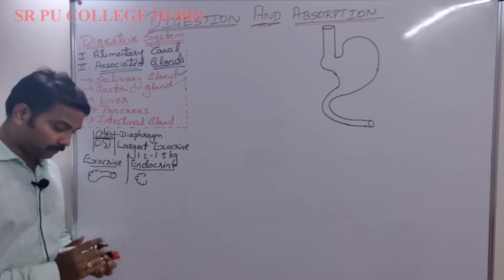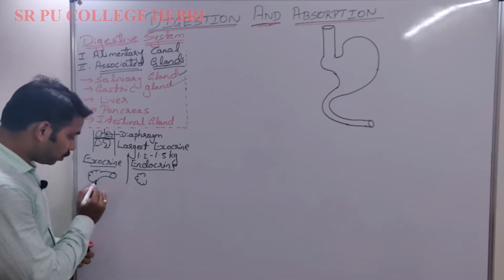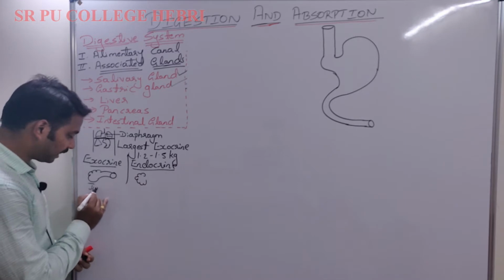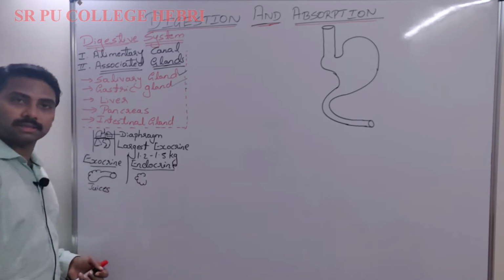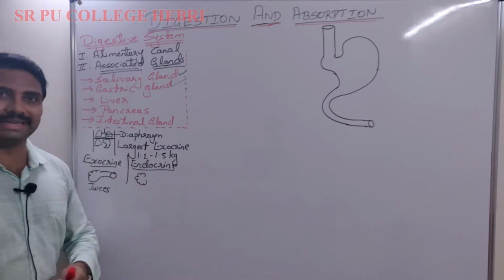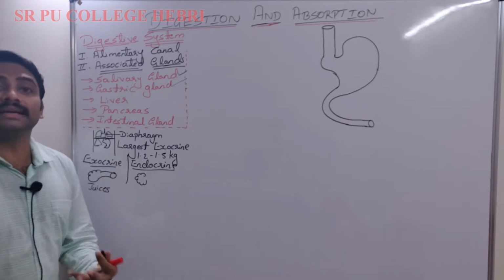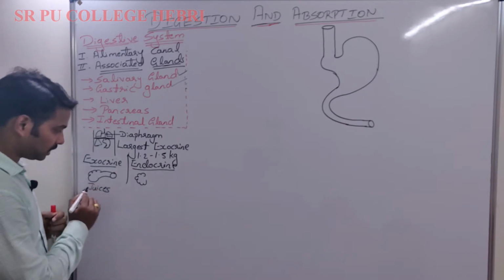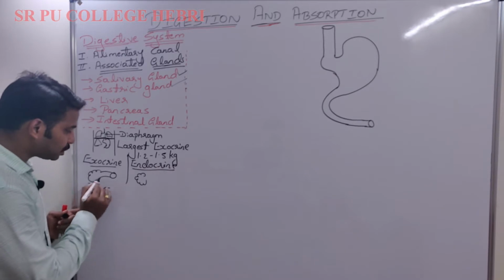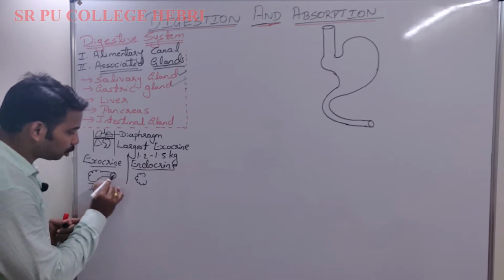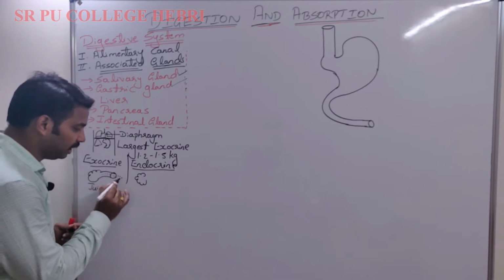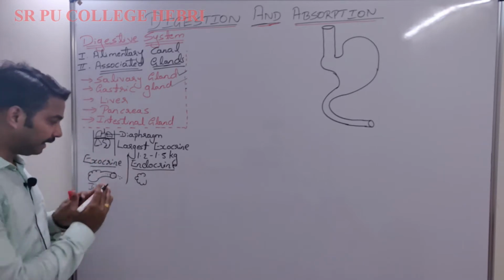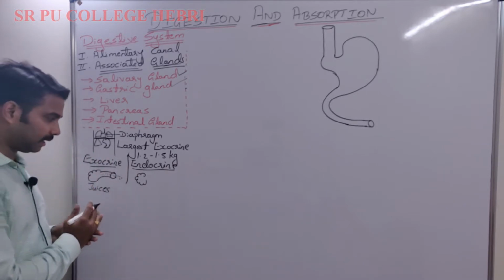Point number two. Exocrine glands usually secrete juices containing enzymes. These enzymes or juices pass through the duct and reach the target site. Is that clear?